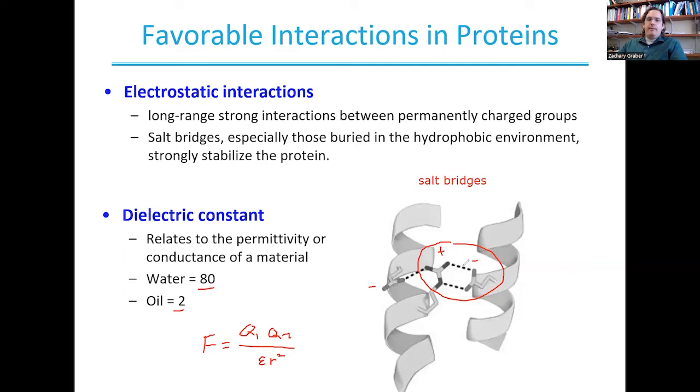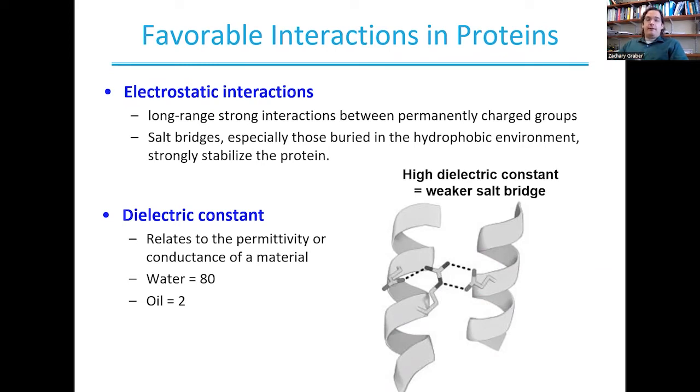You really don't want a positive charge just by itself within that nonpolar environment. So a high dielectric constant will equal a weaker ionic interaction and a weaker salt bridge. A lower dielectric constant will lead to a stronger electrostatic interaction and therefore a stronger salt bridge.